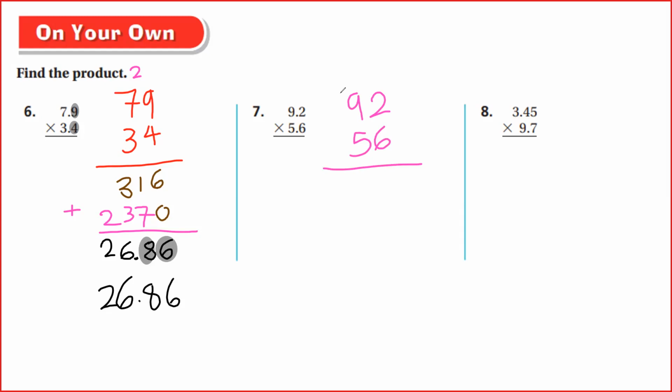Yeah. 6 times 2. 55. Then you have 0. 5 times 2. 46.